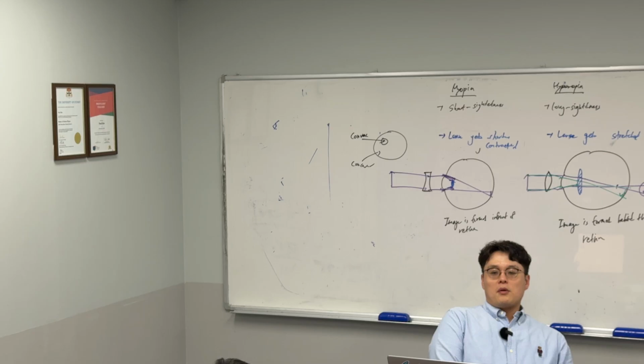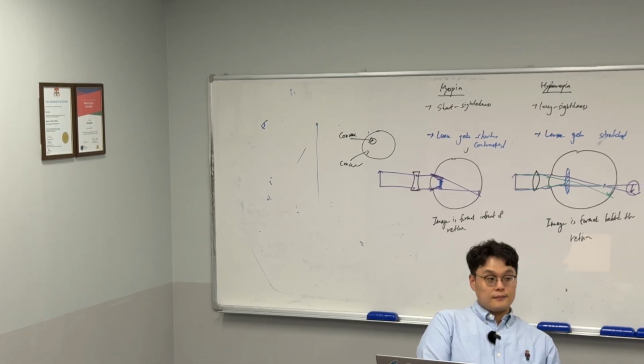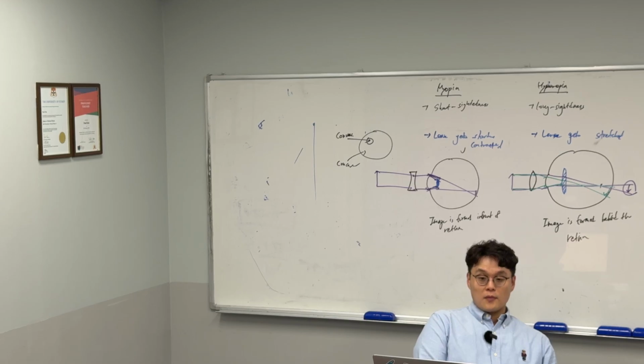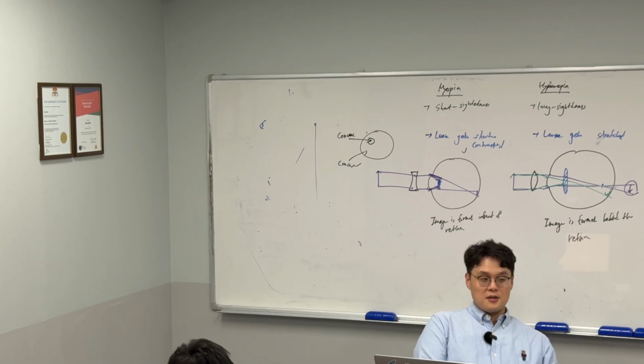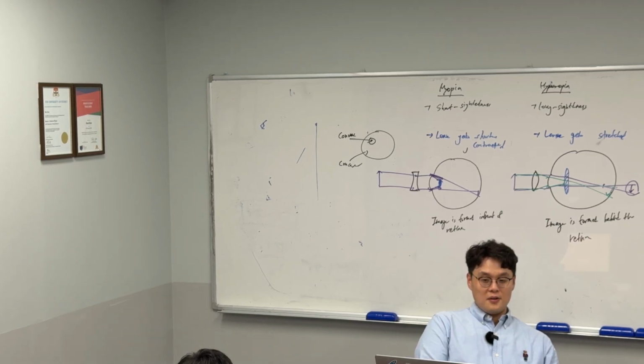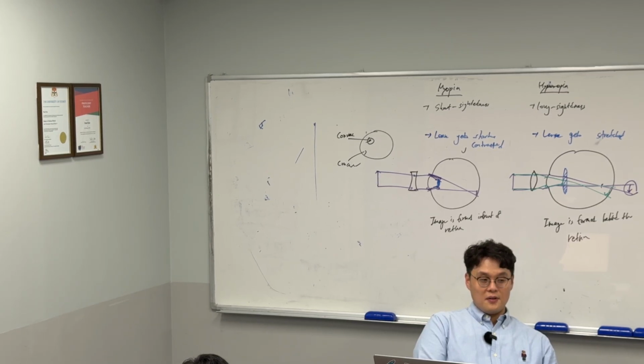Question 1. Which type of mirror creates a wide field of view? B. Concave mirror? Oh, it's a mirror, not a lens. Wait, convex.